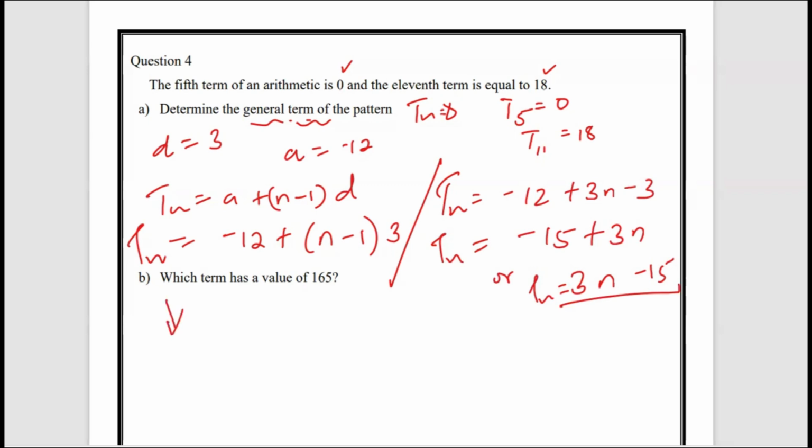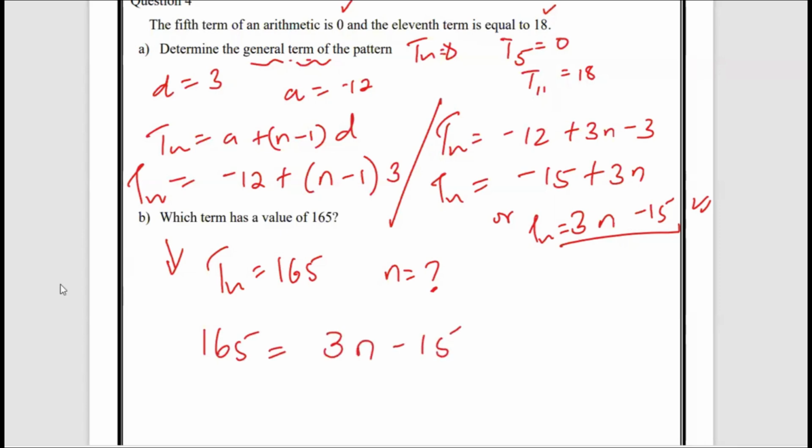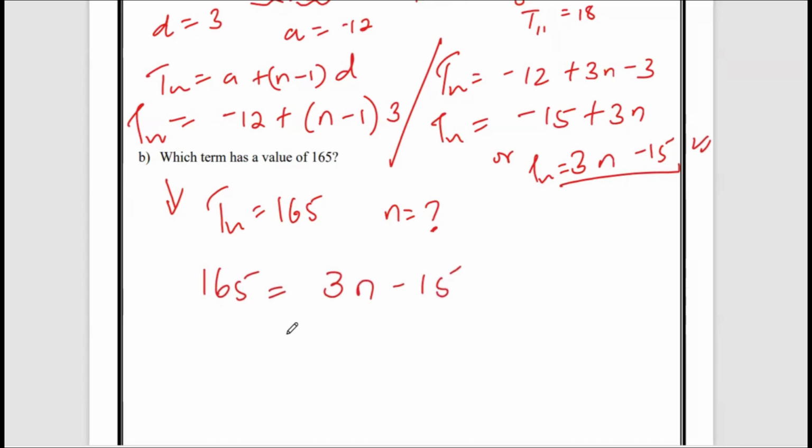Then part B, calculate which term has a value of 165. So if the Tn is 165, what is the position? So we have this Tn formula, we can just substitute. Now this Tn, we replace with 165 is equal to 3n minus 15. Then from there, let's do the transposition.